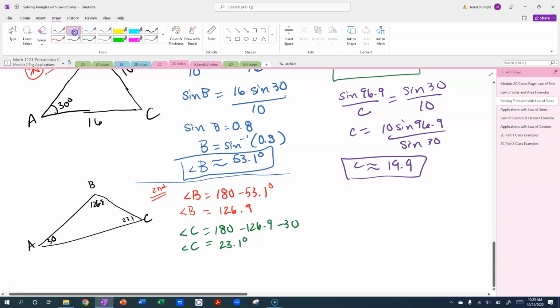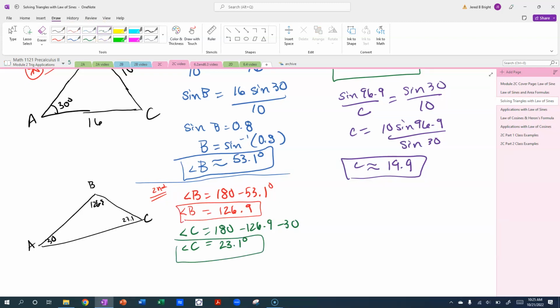So anyway, we have angle B, we have angle C, and then we still have the same side lengths in this other triangle as before. So 10 for A, 16 for B, and then finding side length C, you'd still have to do the law of sines. So sine of 23.1 over side length C is equal to sine of 30 over 10.